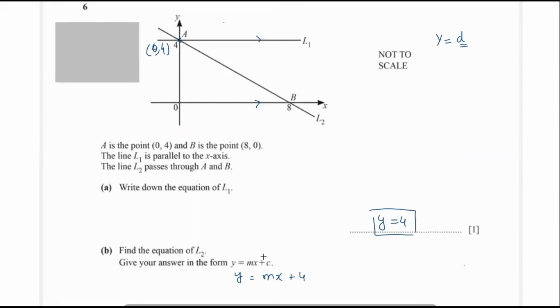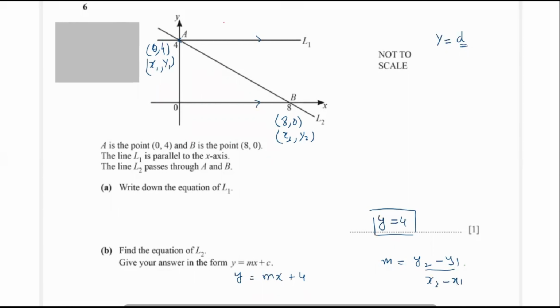Next is the gradient of this line. Here are two points, one is (0, 4), the other is (8, 0). We name them (x1, y1) and (x2, y2). The gradient of the line is m equals y2 minus y1 over x2 minus x1.